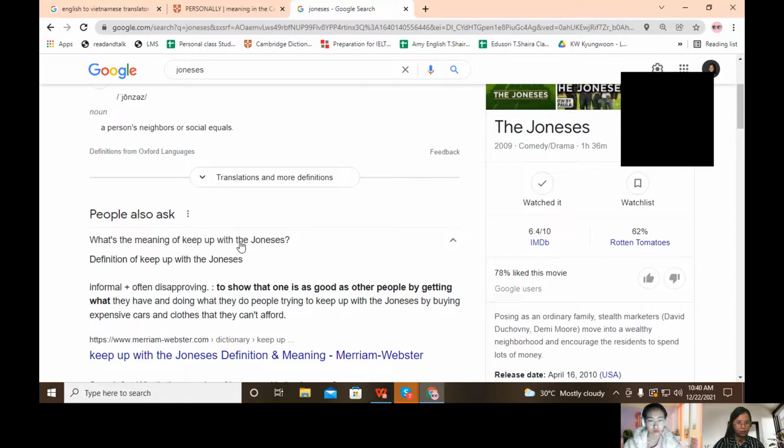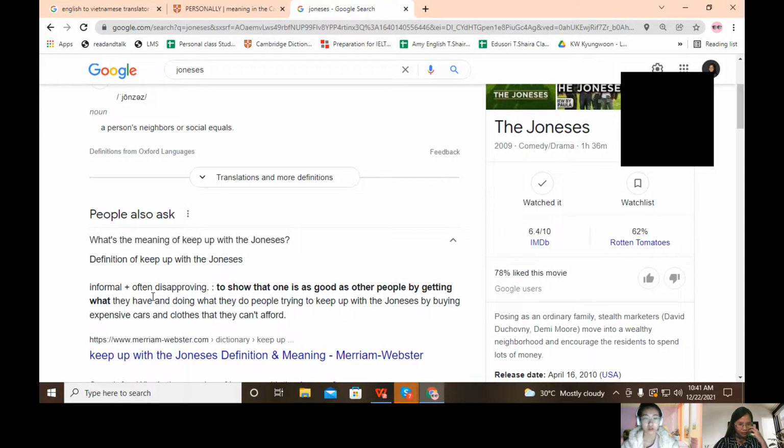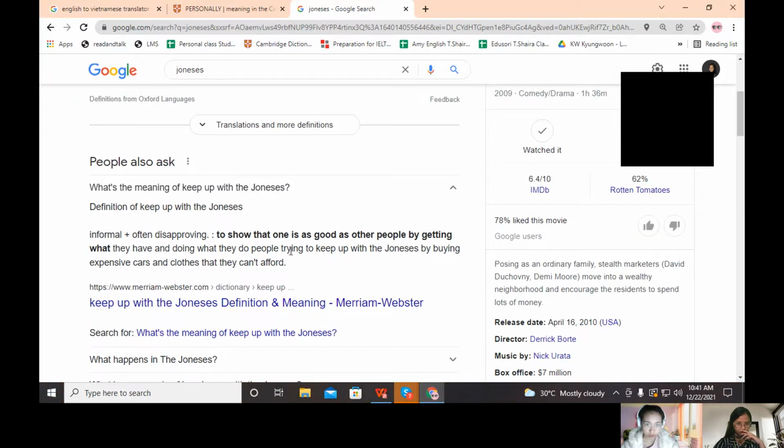Okay, what's the meaning of keep up with the Joneses? So this one is the meaning: to show that one is as great as other people by getting what they have and doing what they do. People trying to keep up with the Joneses by buying expensive cars and clothes that they can't afford.